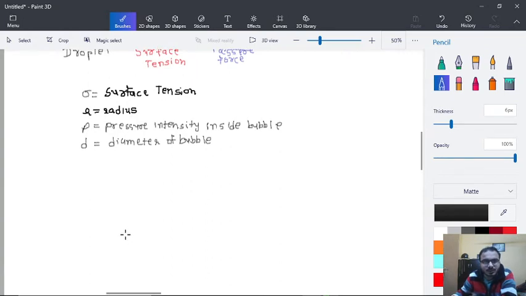So now the formula will be the surface tension force will be equal to the pressure force under equilibrium condition.